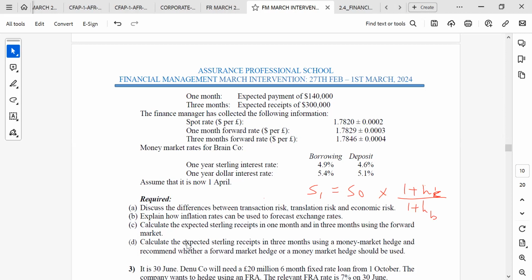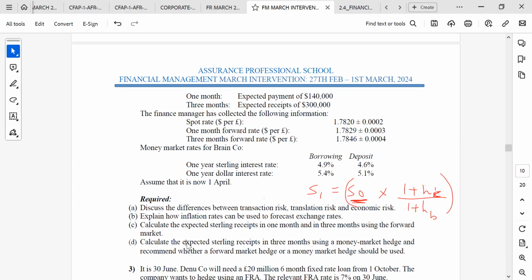Then you use the new amount to find the exchange rate in the 2 months' time. So the inflation rate, we just use it to adjust the spot rate. That is how we use it to estimate the exchange rate. They can also give you a question on that, asking you to use the inflation rate or the interest rate. This is how we calculate it.